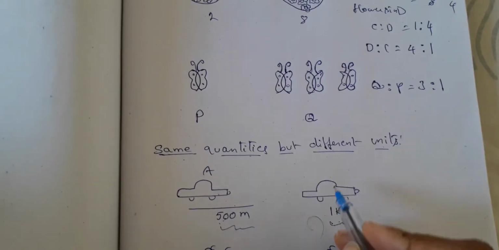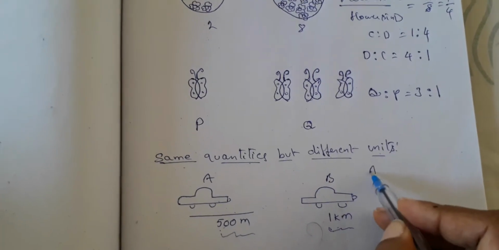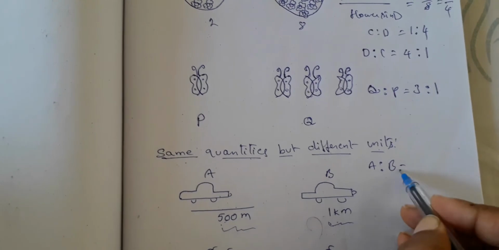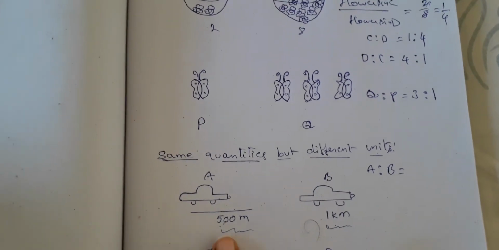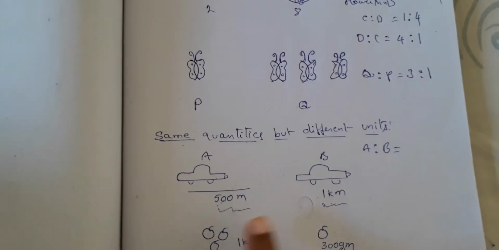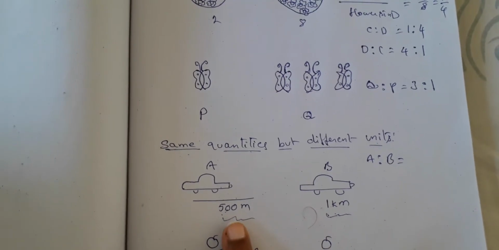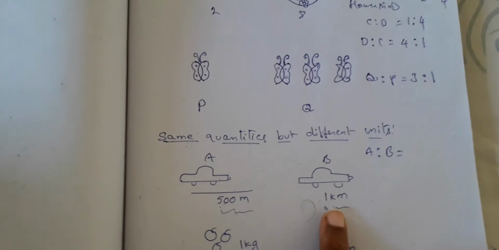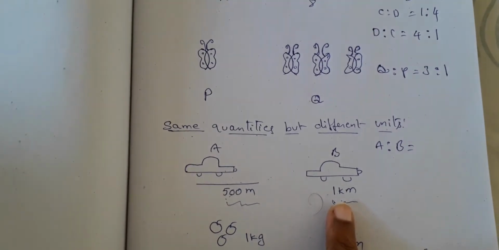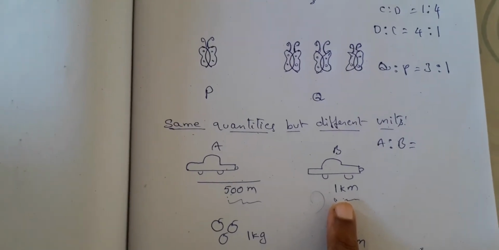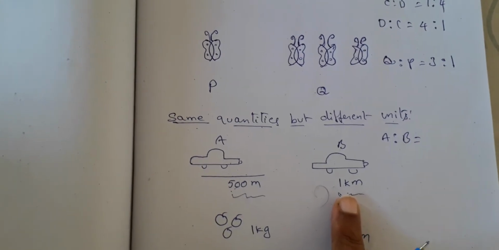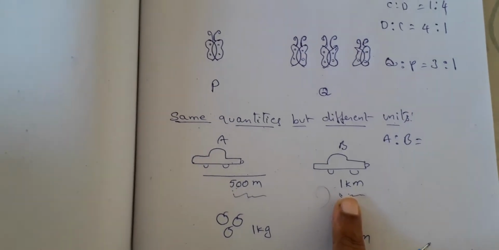So when I say it is A is to B, how are we going to write? Can we write it as 500 is to 1? Does it mean 500 kilometers to 1 kilometer? No. Or does it mean 500 meters to 1 meter? No. So what should we do? You have to convert any one of the units into the other form.